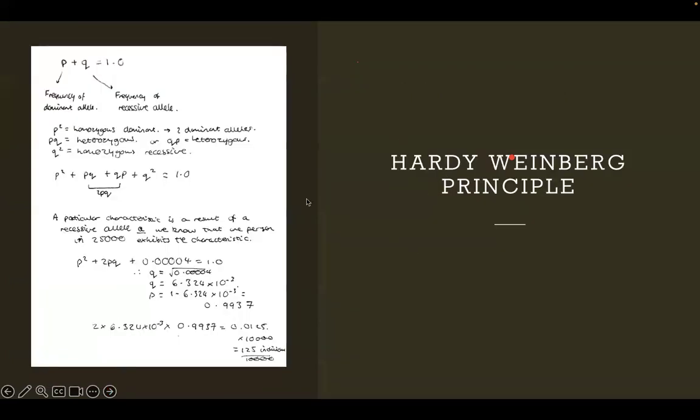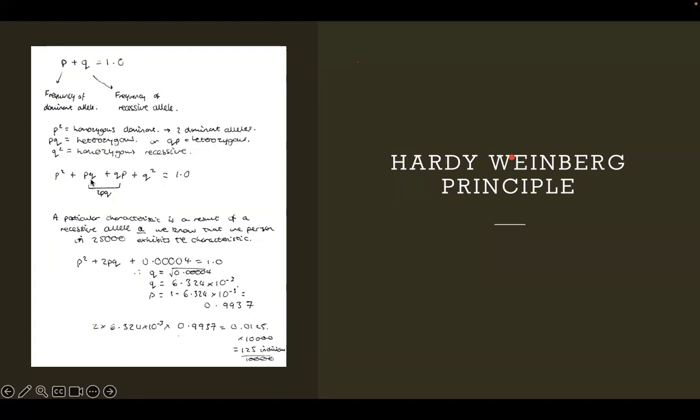So Hardy-Weinberg, as I said, is the main thing that examiners test you on about this topic. You'd use two formulas: p + q = 1, then p² + 2pq + q² = 1. p is the frequency of the dominant allele, and q is the frequency of the recessive allele. As you know from the few slides ago on inheritance, you can get people who are homozygous dominant, represented by p², homozygous recessive, and heterozygous.